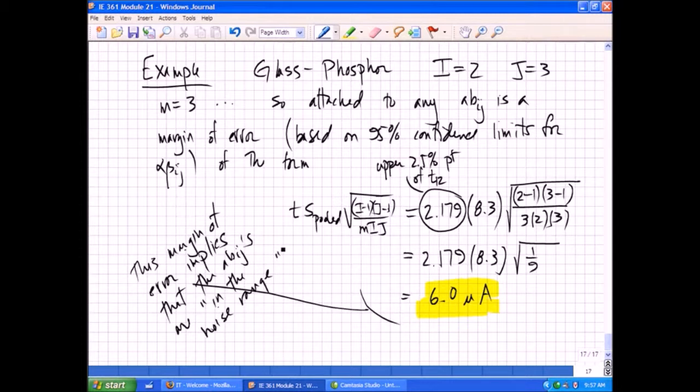That is, in any real scenario, I'm never going to get ABIJs that are exactly 0. The point here is that the ABIJs are not only smaller in magnitude than the AIs and the BJs, but they are small enough compared to their natural measure of margin of error that I can't even be sure that they're not really standing for something that's essentially zero.